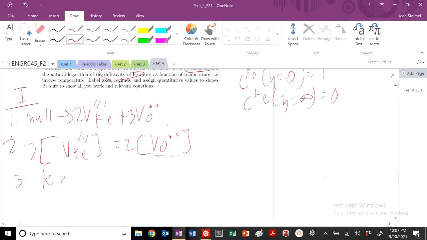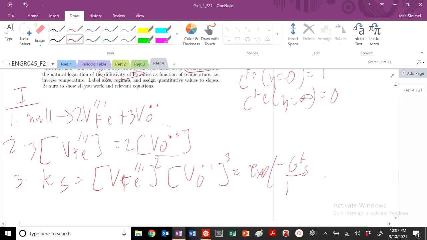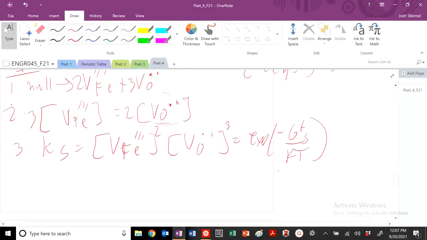Now, if I look at my equilibrium with my Schottky, that is going to be the concentration of Fe vacancies squared times the concentration of oxygen vacancies to the cube equals exponential minus G formation of Schottky over kT. Great. So I'm going to use this electroneutrality equation because I need to write everything in terms of the concentration of vacancies in my iron. So I'm just going to go ahead and plug that in.